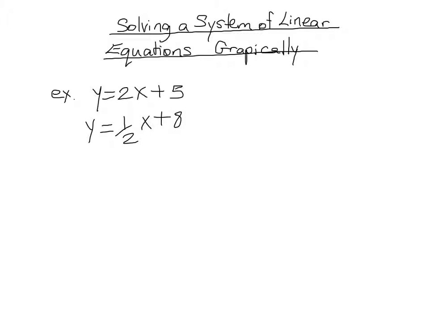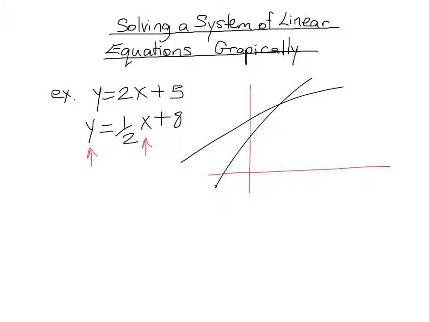If I ask you to solve this, that means there is one x value that will work for both equations, as well as one y value that will work for both equations. If you think about it graphically, you have two lines, let's say this is your 2x plus 5 line, and this is your other line right here.